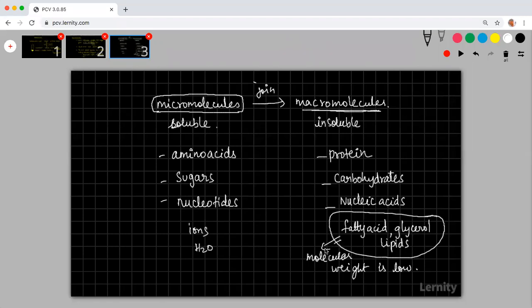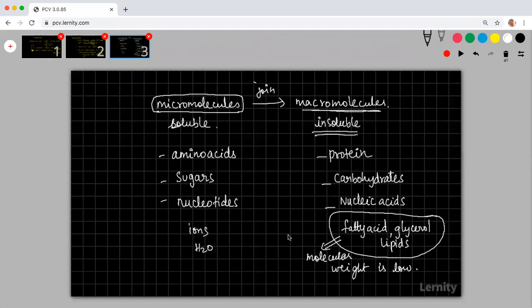Lipids will not have water, and will not have a higher molecular weight. Lipid is something which has low molecular weight, but since it comes inside this insoluble fraction, we generally classify lipids as macromolecules.